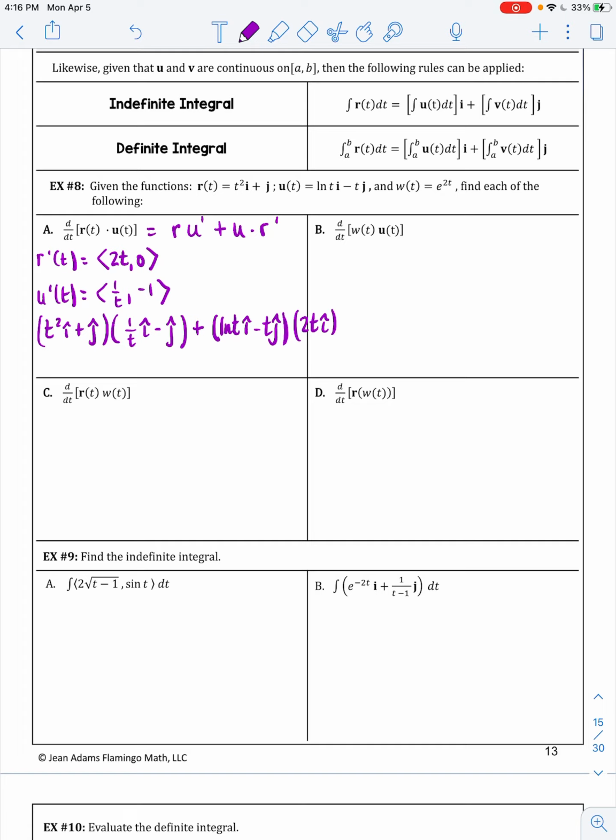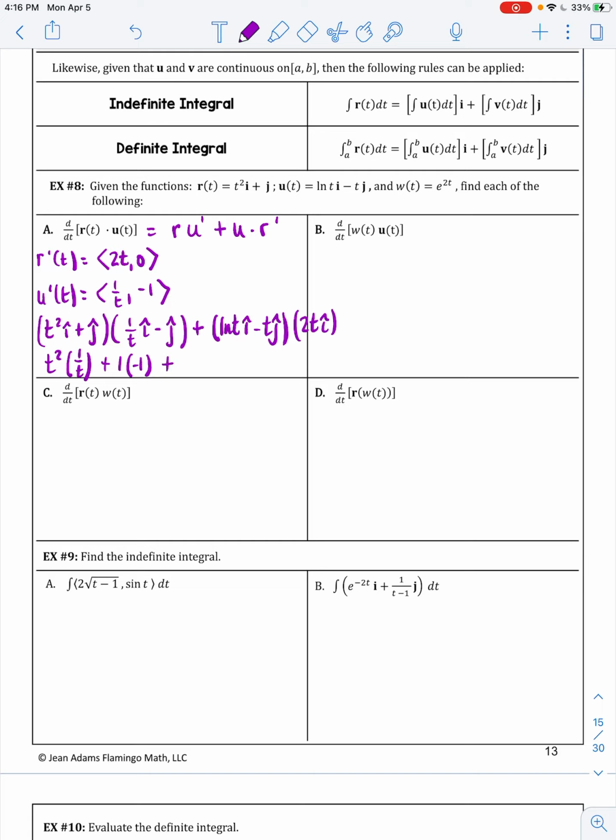So now what we have is our t squared times 1 over t, because the dot product of i times i is 1. And then we've got our plus 1 times negative 1, because our dot product of j times j, or j dot j, is 1.